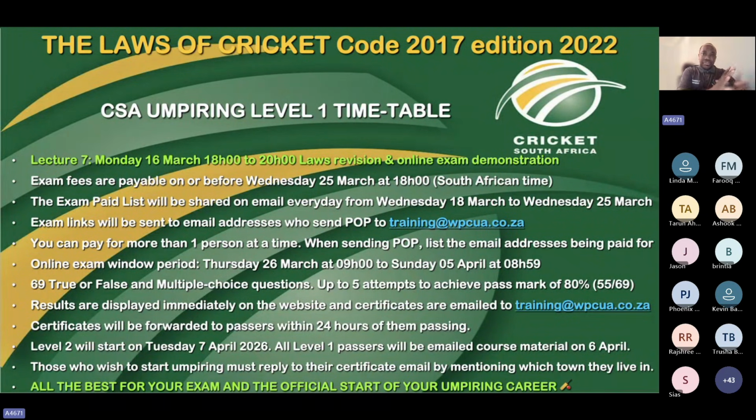I made a video last week about umpires in India. There's a lot of people wanting to become umpires in India, and each state only takes in a limited number of umpires every year. So how would you get yourself to the front of that queue to try and get into a state umpiring panel in India?